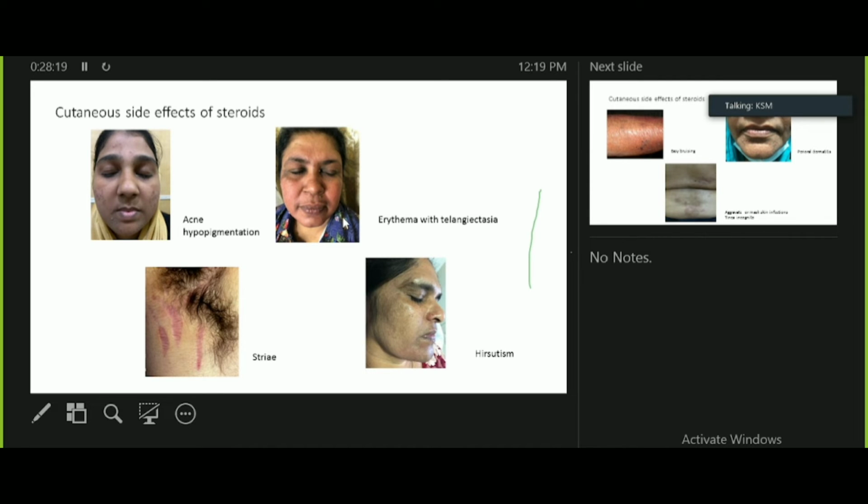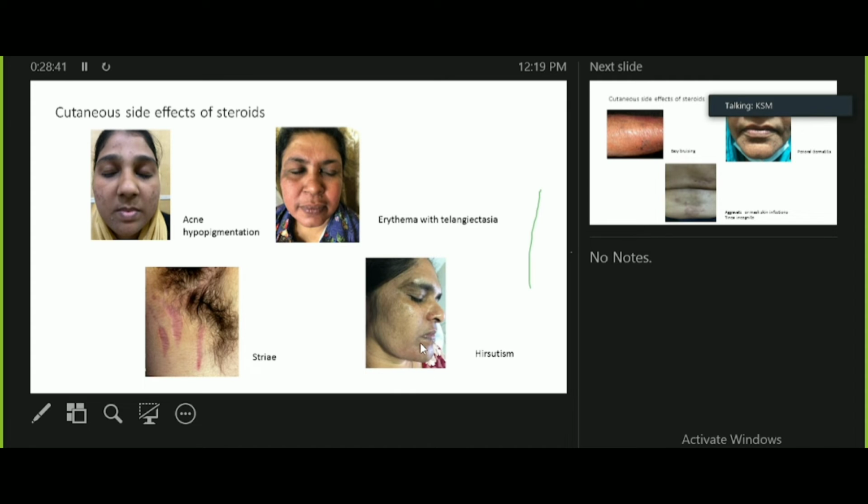The next one with erythema and telangiectasia, enlargement of small vessels. And striae is not uncommon, especially on flexural areas. These steroid-induced striae are different from physiological striae. They are more red in color and broader.